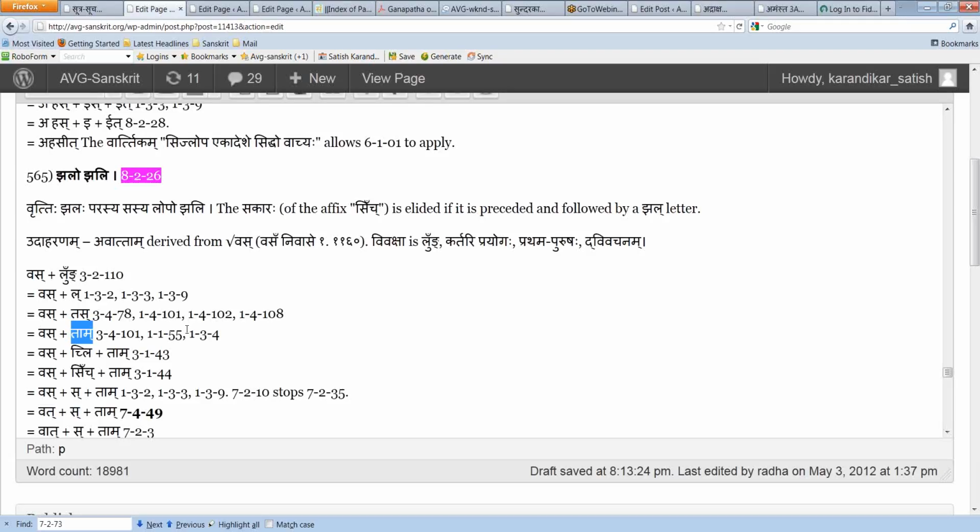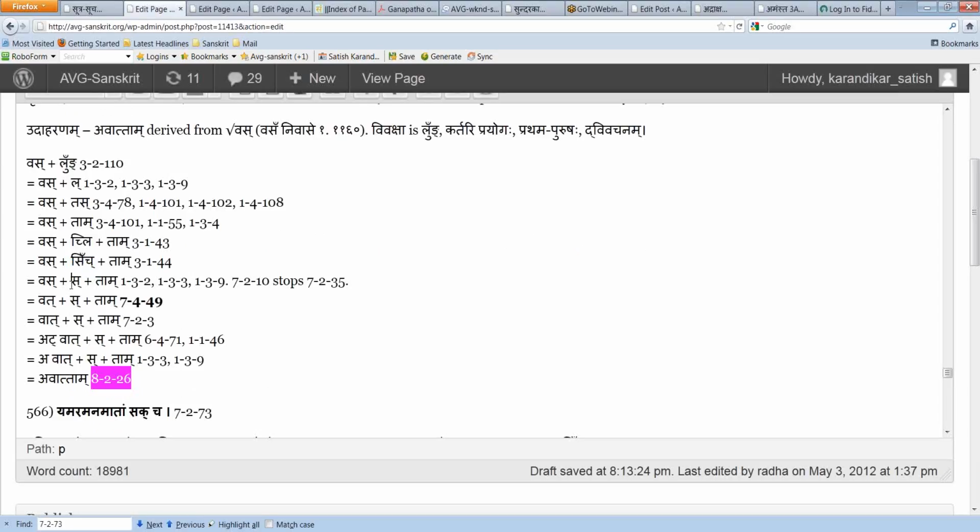Of course, by Na Vibhaktau Tusmaha, the ending Makara doesn't get the sanya. Then Chilungi, Chile Sich. Now what do we have? Anubandha Lopaha. So we have Vas Sa Tam. Then Sasyardha Dhatuke.